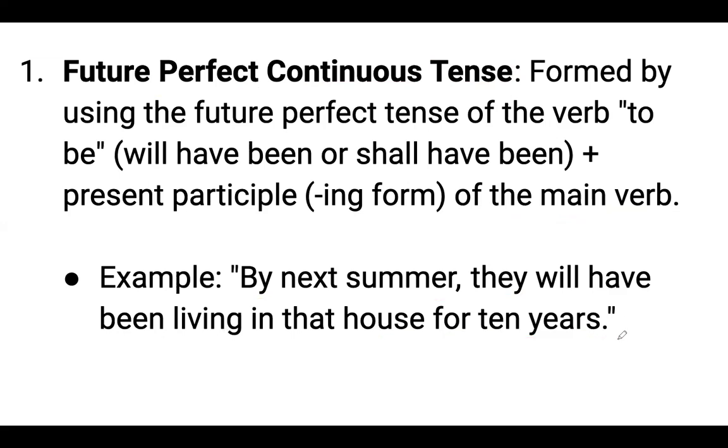You would find the same kind of example in present perfect, but in future perfect continuous it is given like this. It clearly indicates that they will continue in the future, and by a certain point in time, next summer, their living in that place will have reached 10 years. Today it may be 9 years or 6 months, and by next month it is going to complete the period, so they will have been living in that house, right?